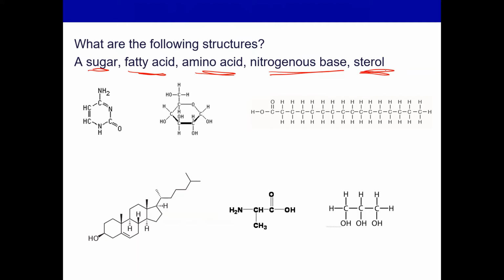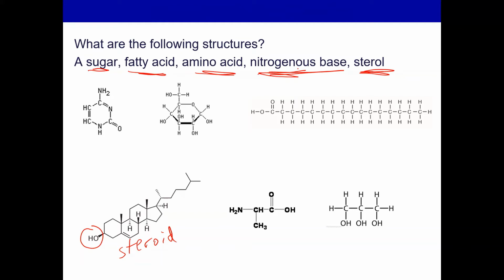You look for a thing with 4 rings, and well, there it is. This is my steroid or sterol. By the way, sterol is a type of steroid. The words are used somewhat interchangeably, so sorry if I flip back and forth between the two. That one there actually is cholesterol, by the way, and I know it's cholesterol because it has a little OH on the end.